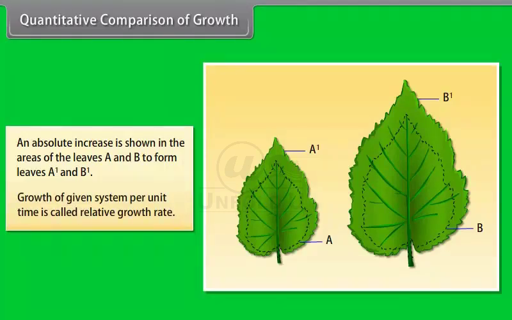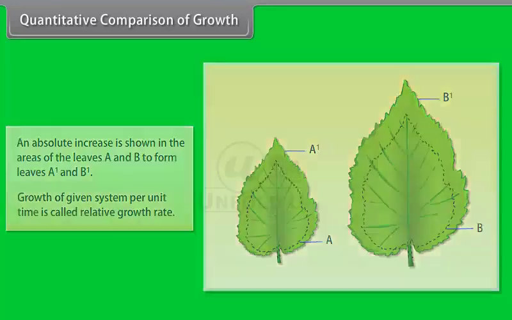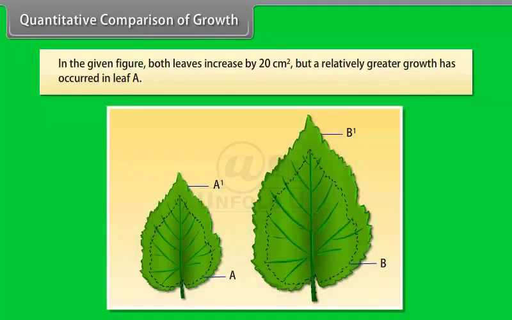Growth of given system per unit time is called relative growth rate. In the given figure, both leaves increase by 20 centimeters square, but a relatively greater growth has occurred in leaf A. Conditions for growth. The conditions necessary for growth are nutrients.